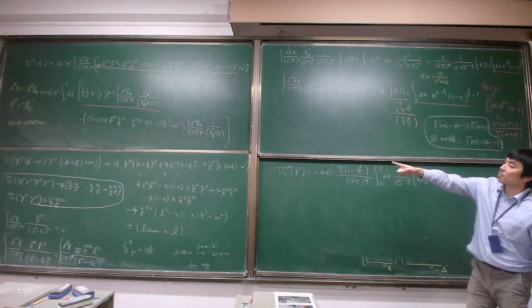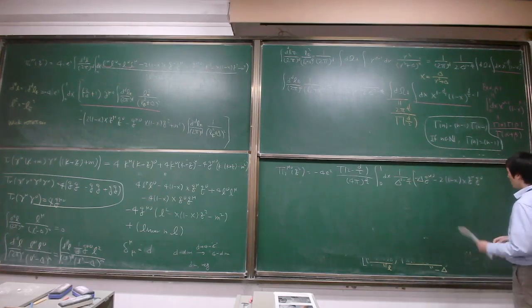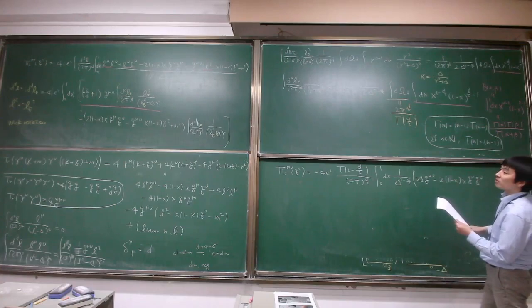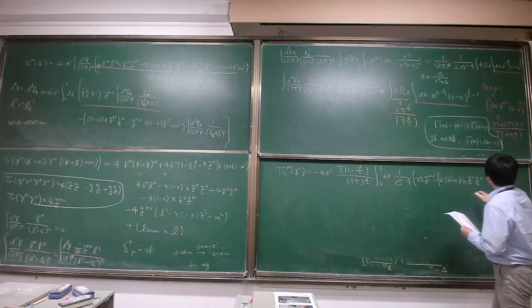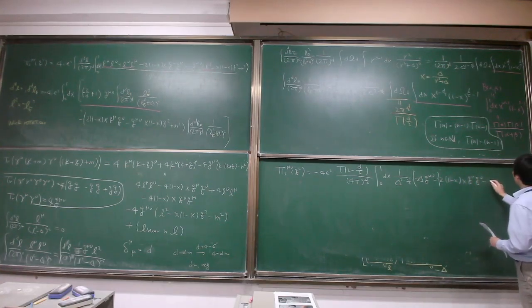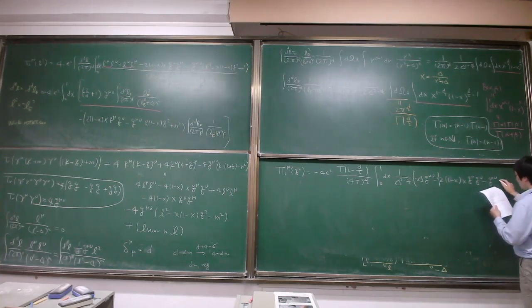And then the piece, kind of annoying to repeat again, minus G, and then 1 minus x cubed squared plus m.